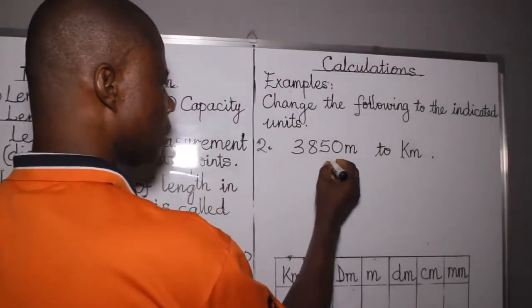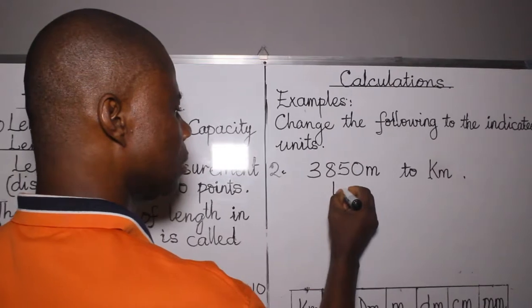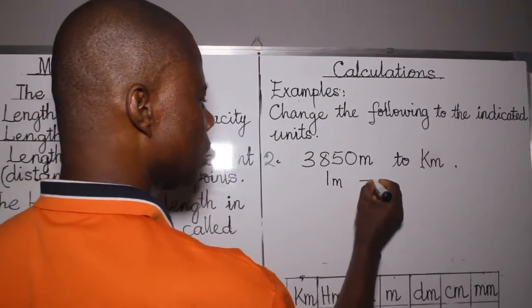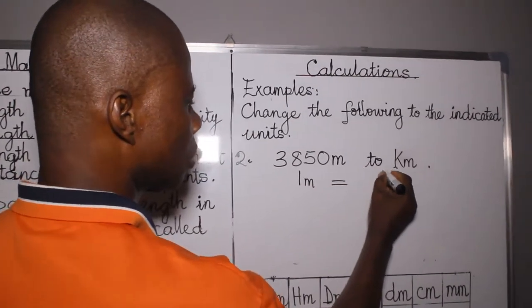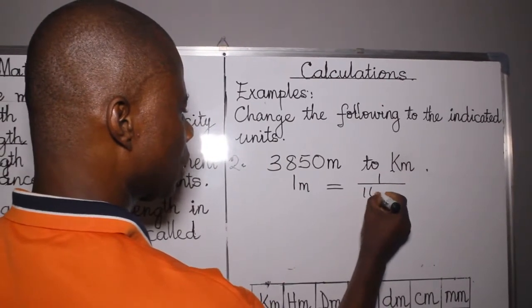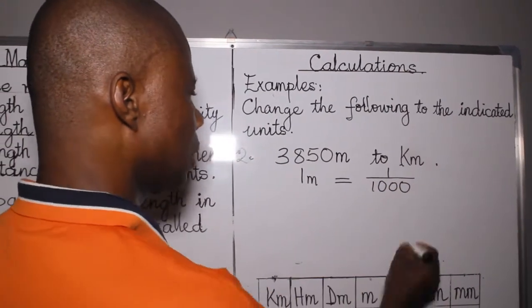Because 1 meter equals 1 over 1000, then kilometer.